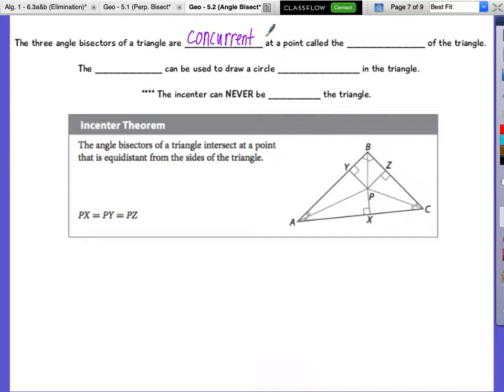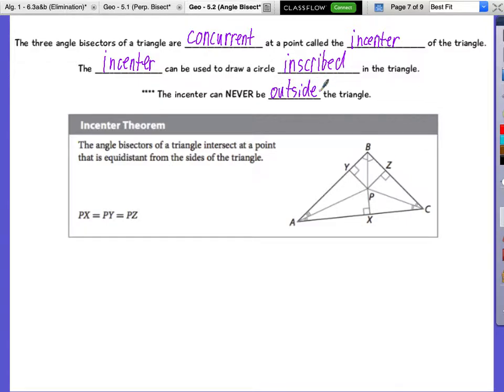They are concurrent at a point that we will call the incenter of a triangle. The incenter can be used to draw a circle inscribed in the triangle. And we'll furthermore say that the incenter can never be outside.